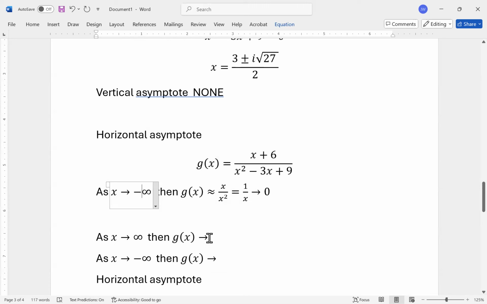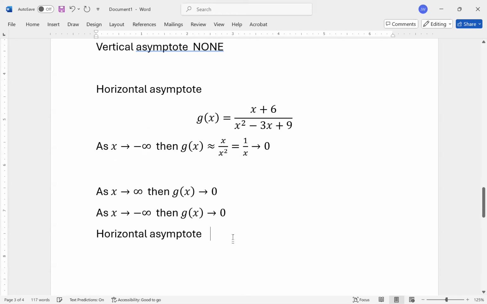So in both cases, my function value goes to 0, both as x goes to infinity and as x goes to negative infinity. That means my horizontal asymptote is y equals 0, which is the x-axis, so my horizontal asymptote is the x-axis.